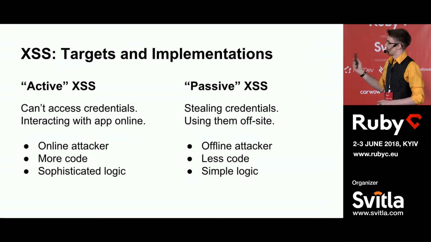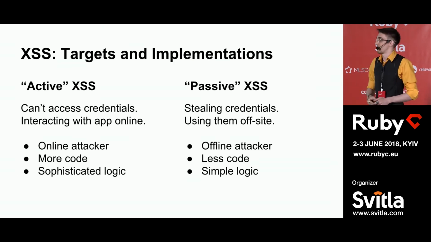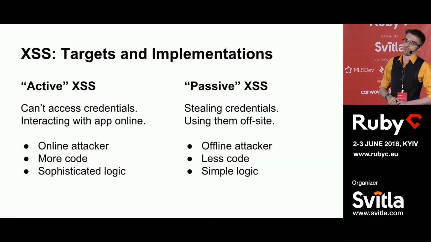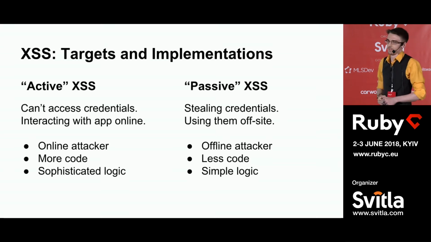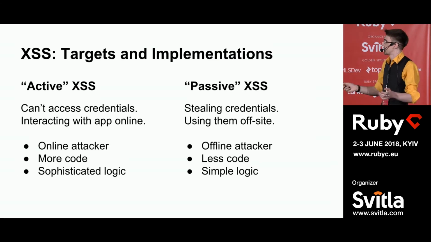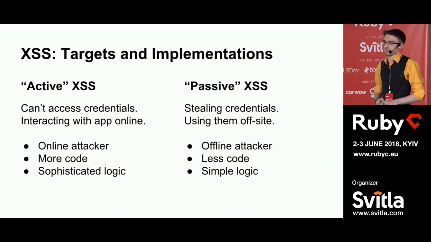Because the only way to access the backend is via a browser automatically including credentials. But if you can simply steal credentials via JavaScript, you can just use them off-site. You can write a very simple piece of JavaScript code, inject it on some site, and do whatever you want with those credentials. You can gather like 1,000 users and gather a lot of data.